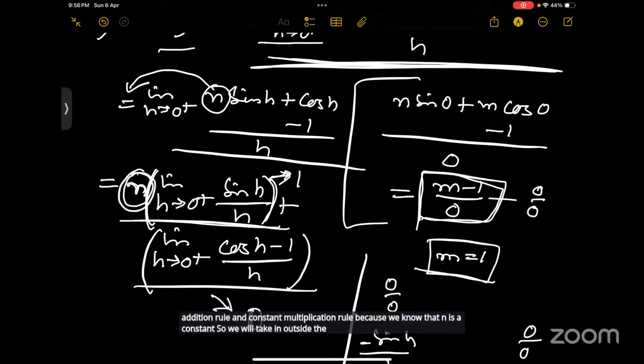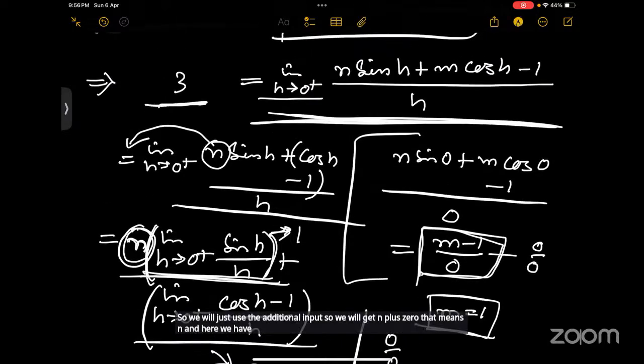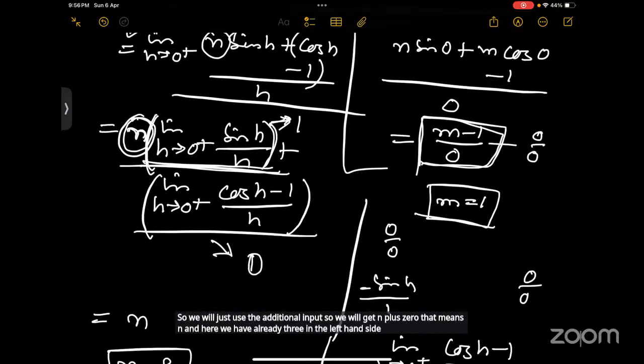Then we have limit of sin h by h plus cos h minus 1 by h, as h tends to 0. Now the limit of sin h by h is 1 and the limit of cos h minus 1 by h is 0. So we get n plus 0, that means n. And here we already have 3 on the left-hand side. So n is equal to 3.